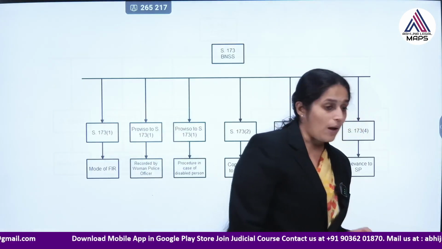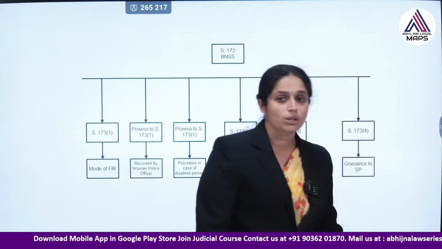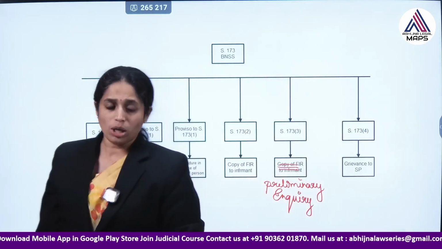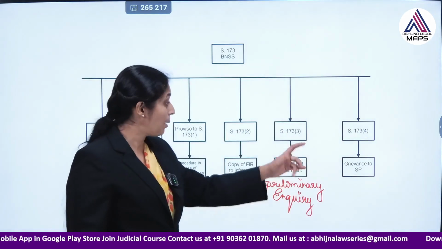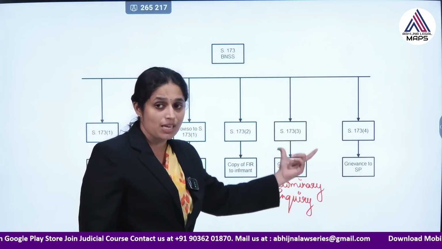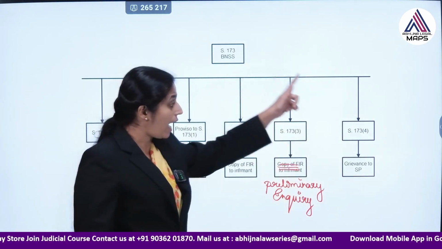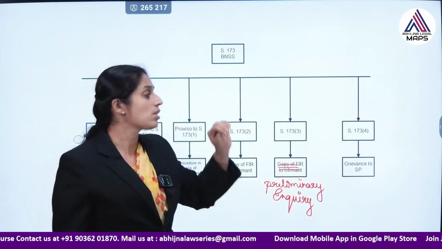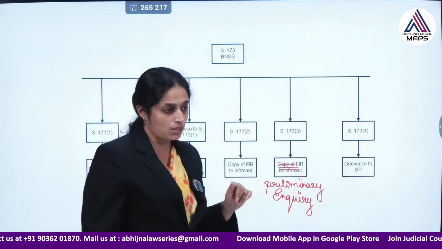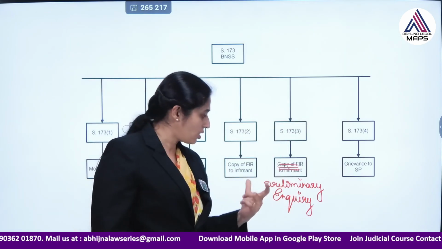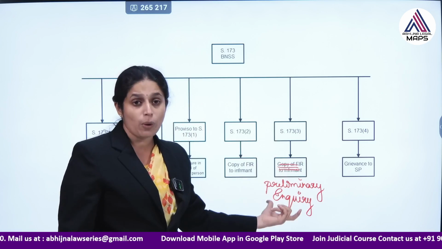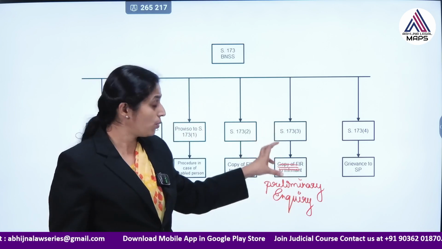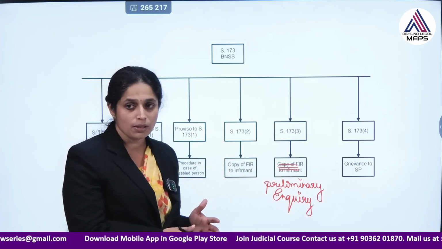Then when the new act was introduced, we can see almost all the provisions are the same except that one subsection has been introduced. Now there are 4 subsections, whereas section 154 had only 3. The subsection relating to preliminary inquiry has been introduced as a new concept.